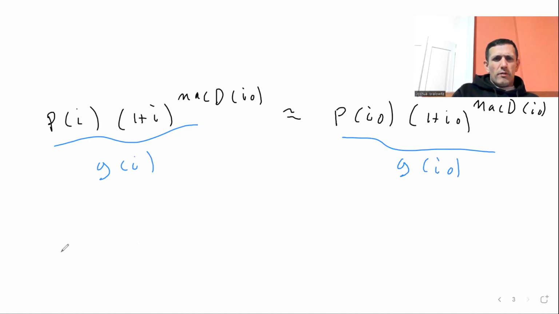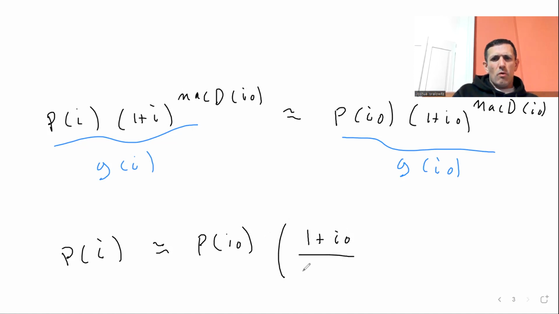And we get our formula by dividing by 1 plus I to the Mac D I0. And we have the same exponent, so I can just make it as a fraction. So P of I is approximately P of I0 times 1 plus I0 over 1 plus I, to the Mac D I0.